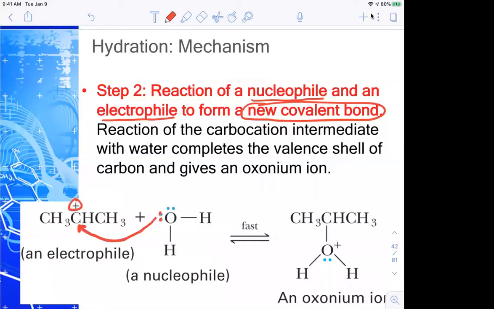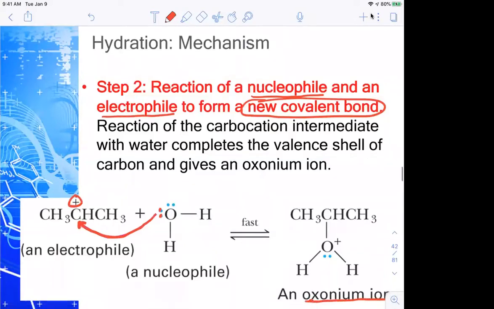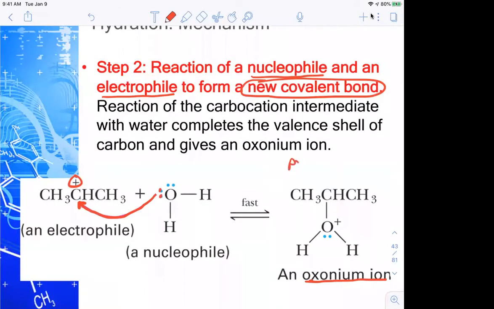Now this here is an oxonium ion, which is basically a protonated alcohol. I have the two hydrogens of water. It's these electrons that are acting as a nucleophile. Now this carbocation is acting as the electrophile.